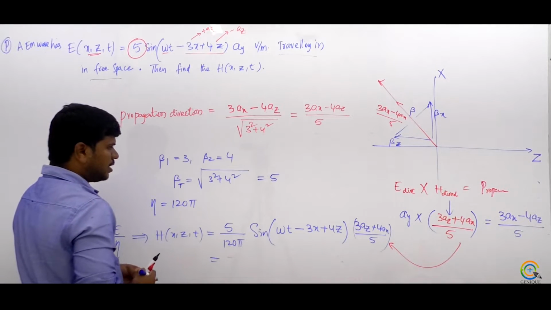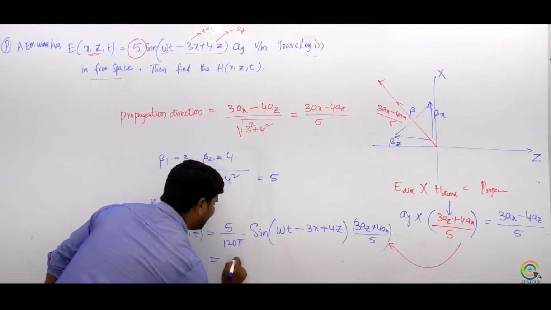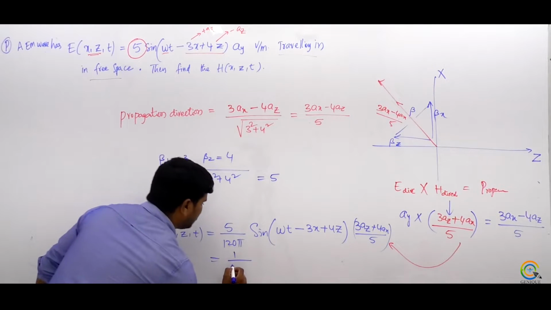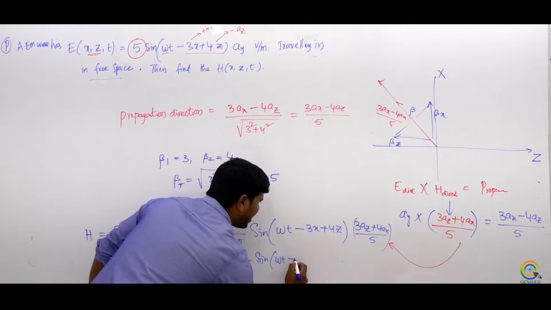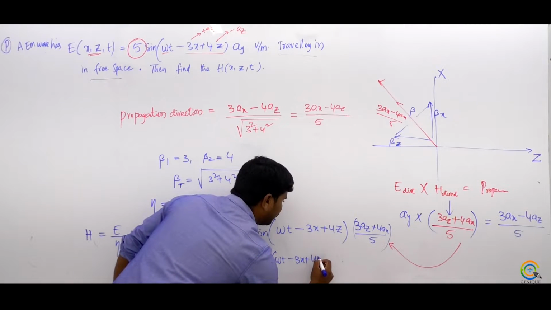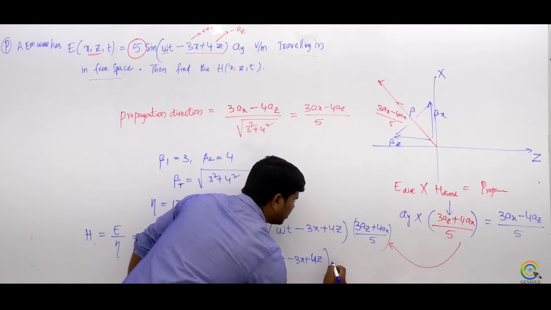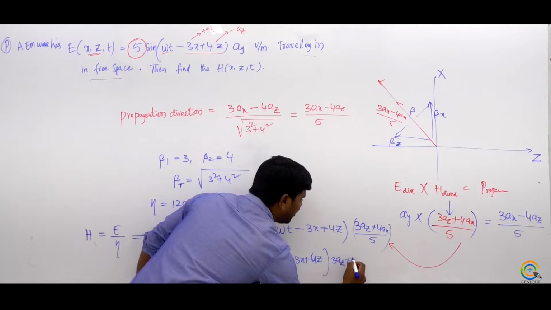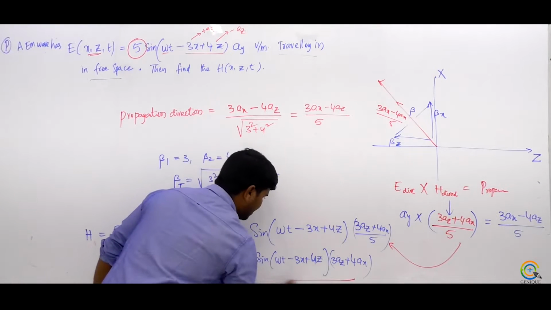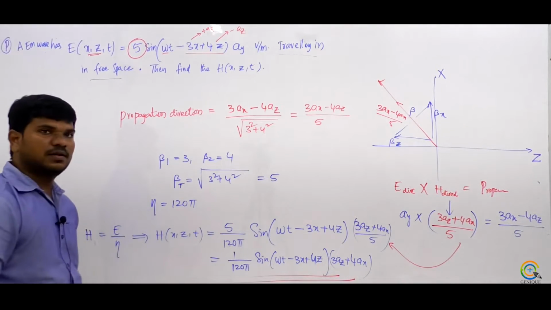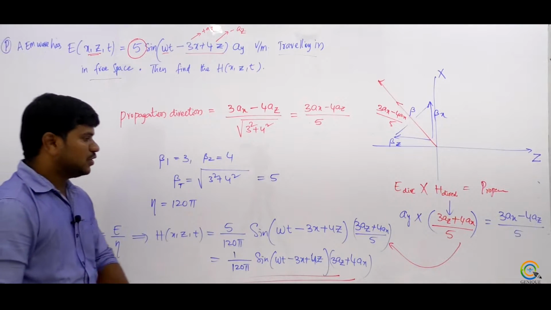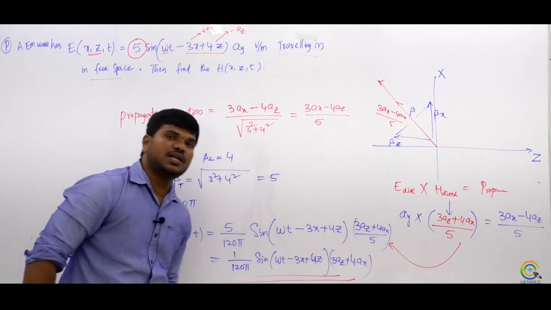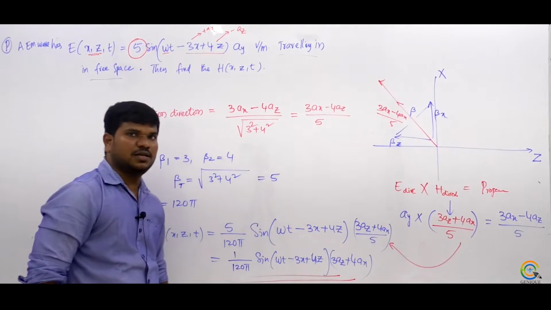You will get 1 divided by 120 pi sine of omega t minus 3x plus 4z, times 3az plus 4ax. This is the final notation. Understand? This is the actual answer.